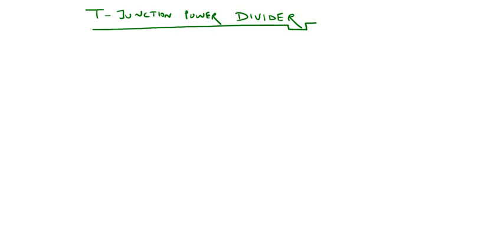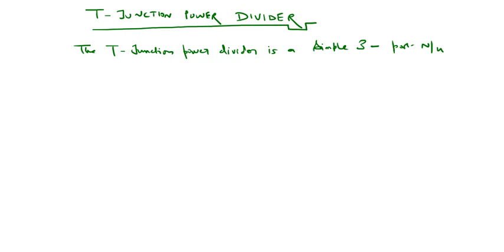The T junction power divider is a simple three-port network that can be used for power division.